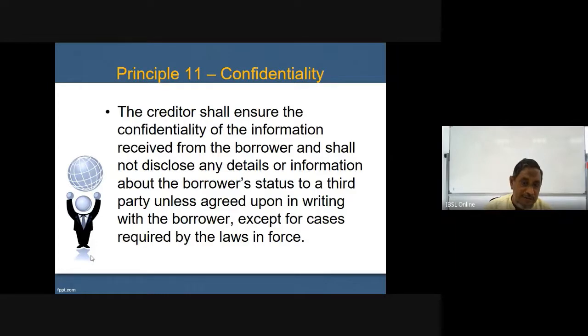According to section 77, if any bank officer, any banker, violates the confidentiality of the customer, they are liable to a penalty of 3 million rupees and 1 year rigorous imprisonment. It's there in the Act itself. So it is the duty of the bank to maintain the secrecy of the customer and the detailed information about the customer.